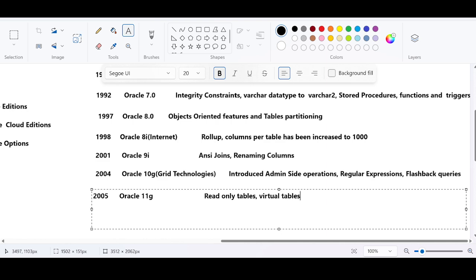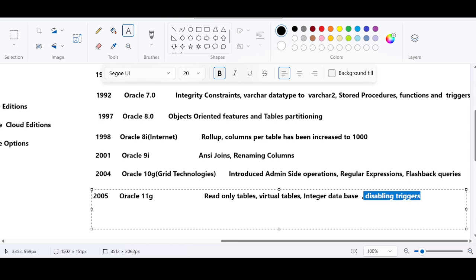You can also use the integer data type from this version. The concept of disabling triggers was also introduced. So many things were introduced.